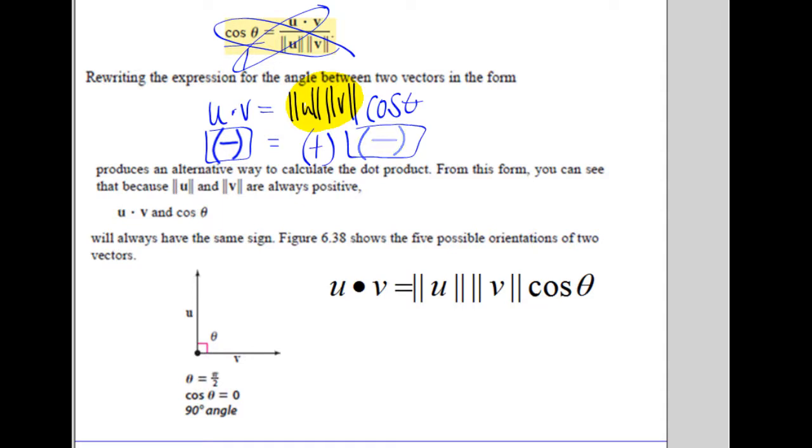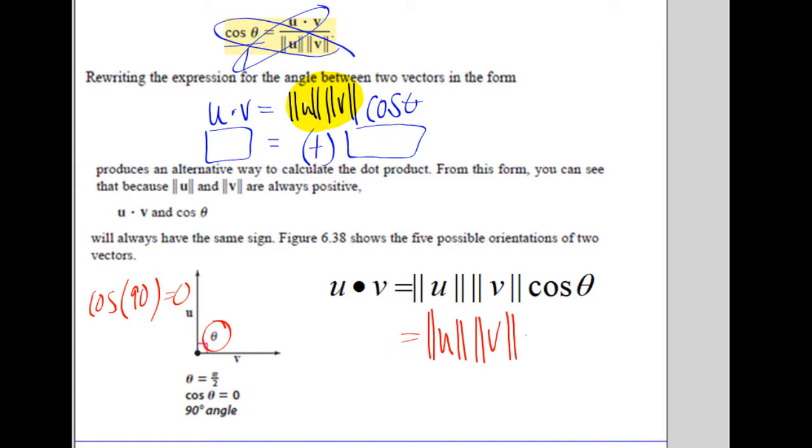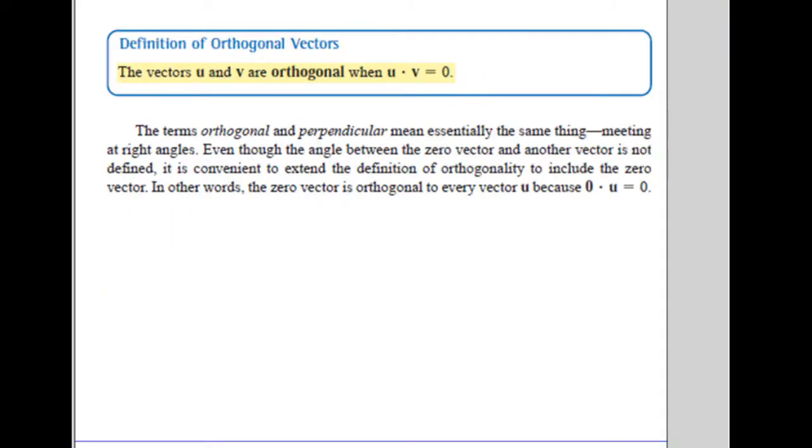So let's look at one interesting scenario. Let's say that our theta is 90 degrees. We know that cosine of 90 degrees is equal to 0. So regardless of the magnitude of u or the magnitude of v, u dot v is 0. This leads to a very important conclusion.